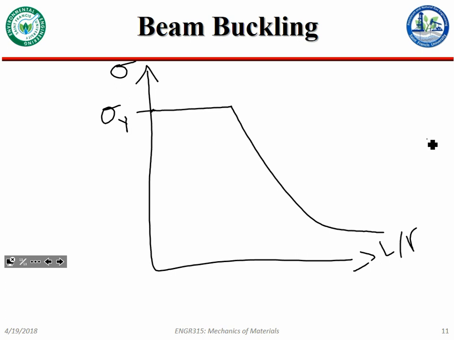As my fineness ratio gets smaller and smaller, or the object gets shorter and fatter, my maximum axial compressive stress is going to approach my yield stress, which makes sense, right?